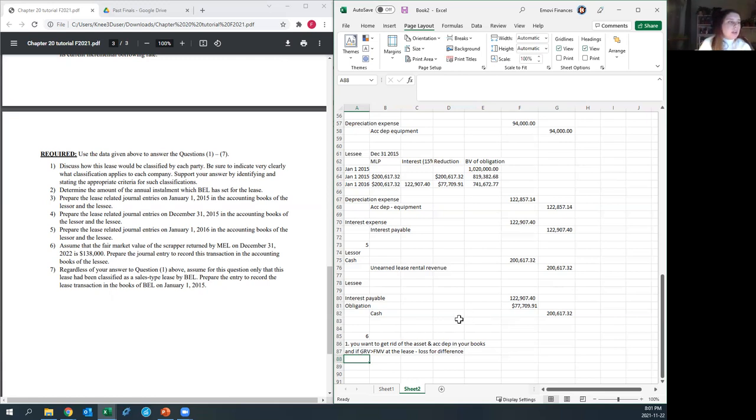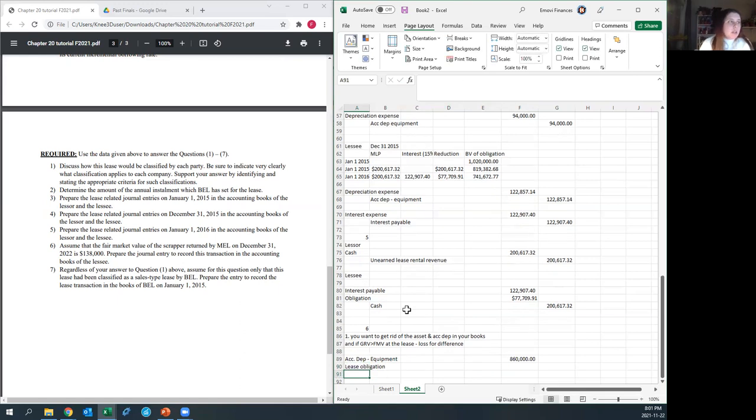So first, we're going to get rid of our assets in the books. So your accumulated depreciation equipment, it's your depreciation times 7. Then your lease obligation. We're going to plug it at the end, but you can also find it here by doing the 7 years.